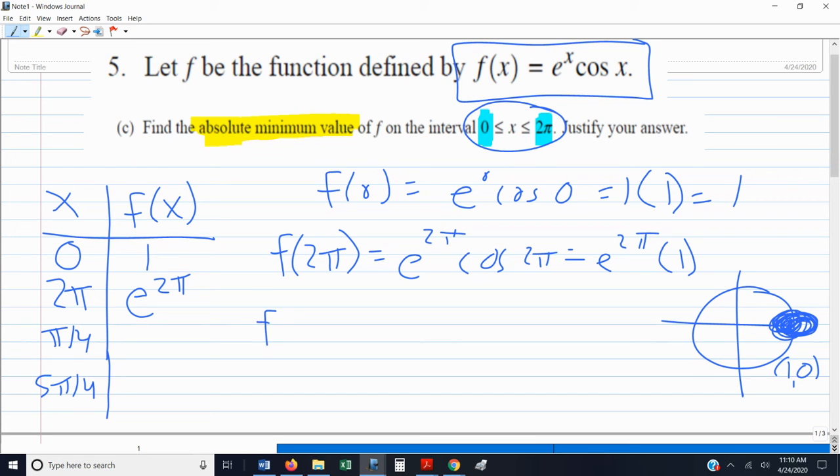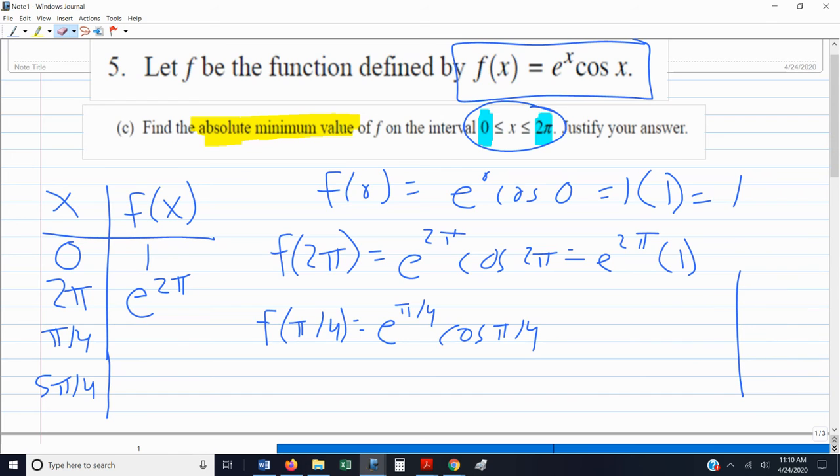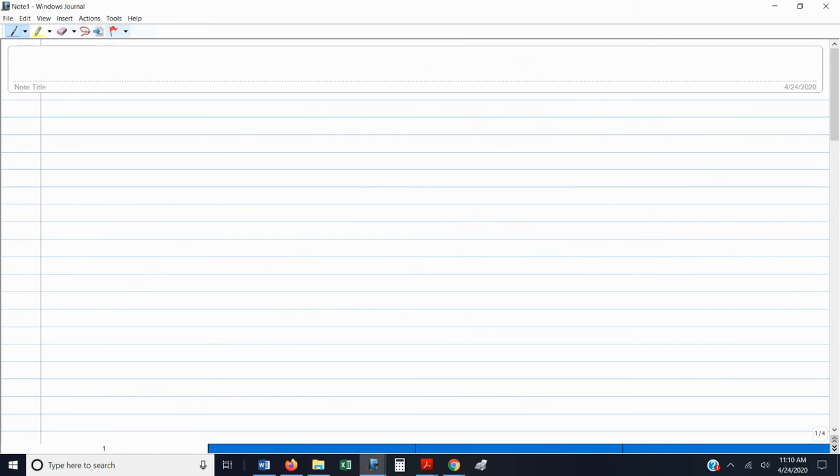Next one is pi over 4. So e to the pi over 4 cosine pi over 4. Okay, so now we're moving away from that point, and we are looking at pi over 4. So pi over 4 is that middle branch. Maybe you know √2/2, √2/2. I will also remind you the trick there when we do 1, 2, 3, 1, 2, 3.